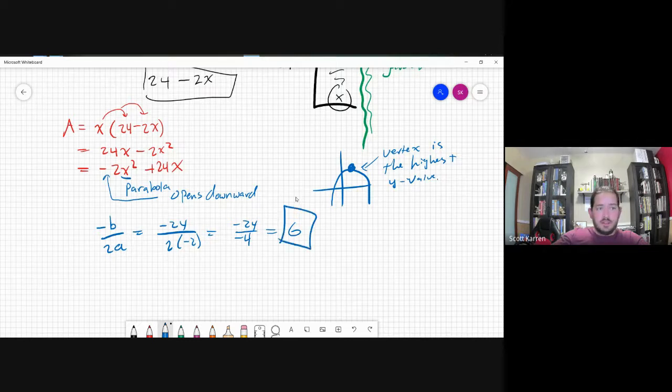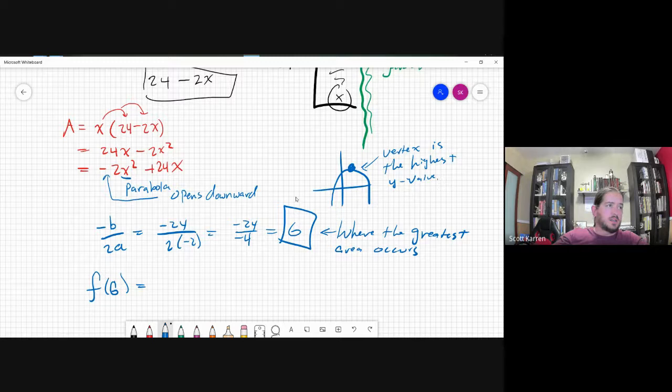This is where it happens. Let x equal 6. But what is the area? The biggest area that we can have is f evaluated at 6.